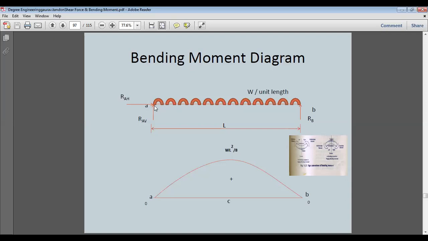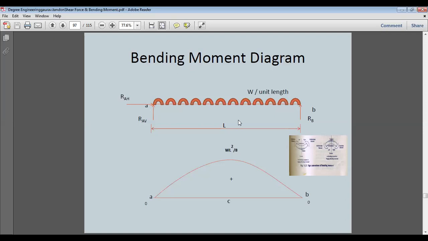So this will be WL by 2 into the length. Here we'll have RB into 0, because RB is passing through this point and we are taking moment about this point. So the distance is 0, RB into 0, the moment is 0, and at this point the distance is 0 as well. So now it's clear that the bending moment at both points A and B will be 0.